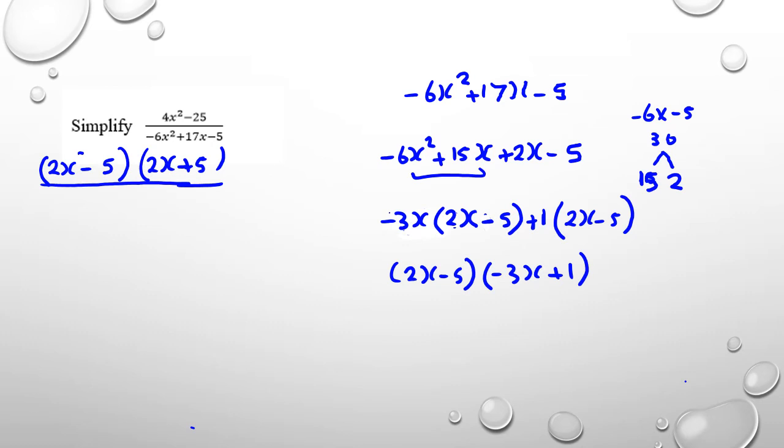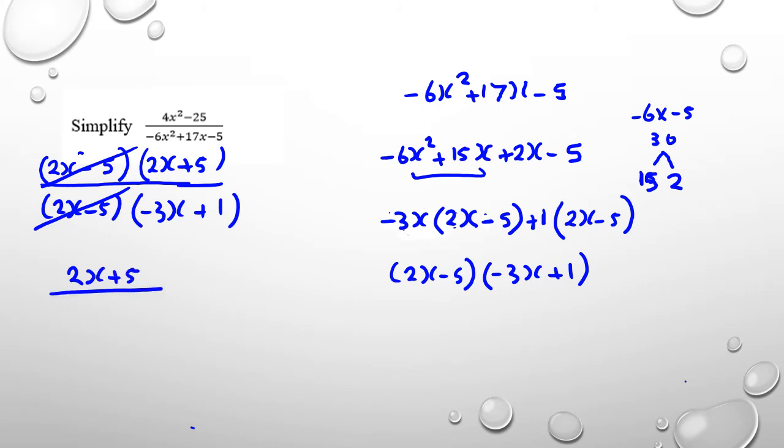So now I'll rewrite it in here: 2x minus 5, negative 3x plus 1. Okay, and that means those two simplify, they are the same. So the final answer is 2x plus 5 over negative 3x plus 1.